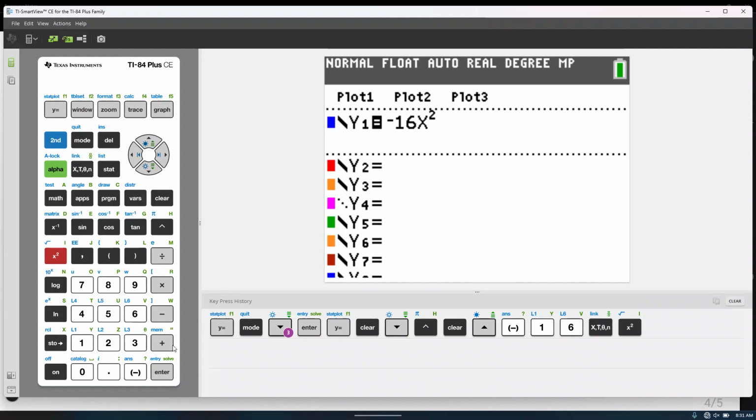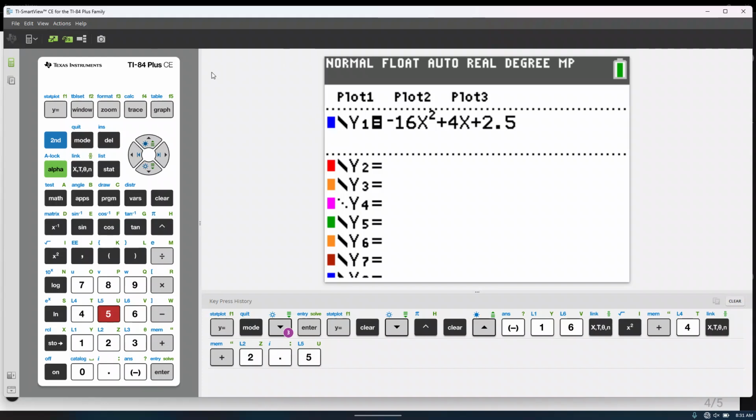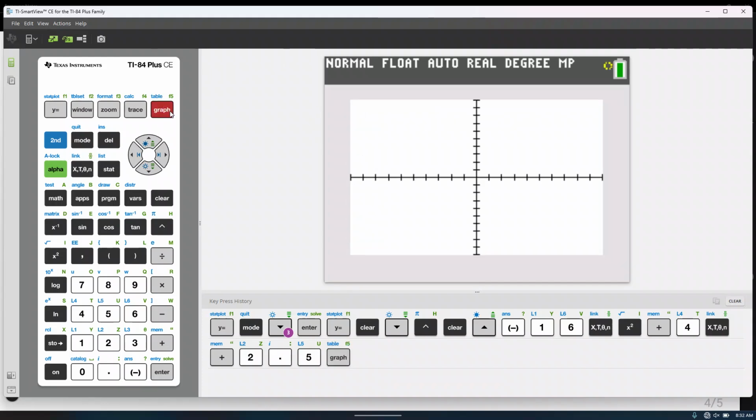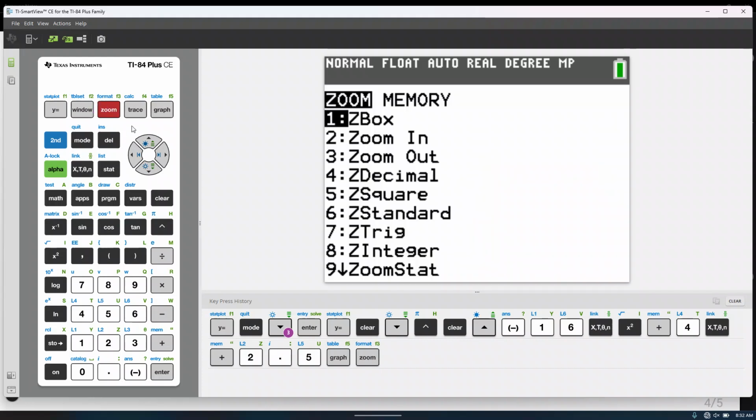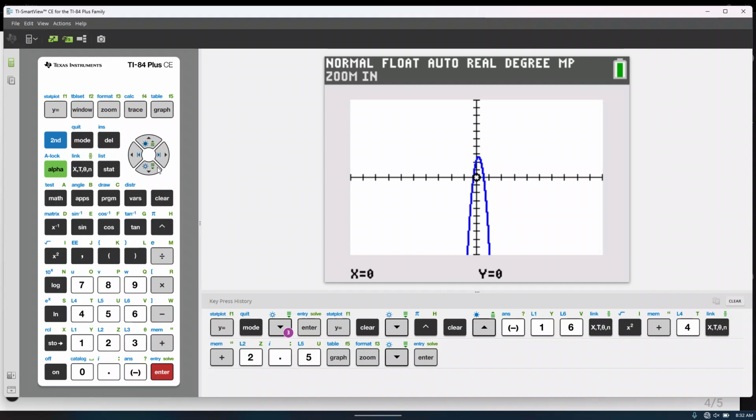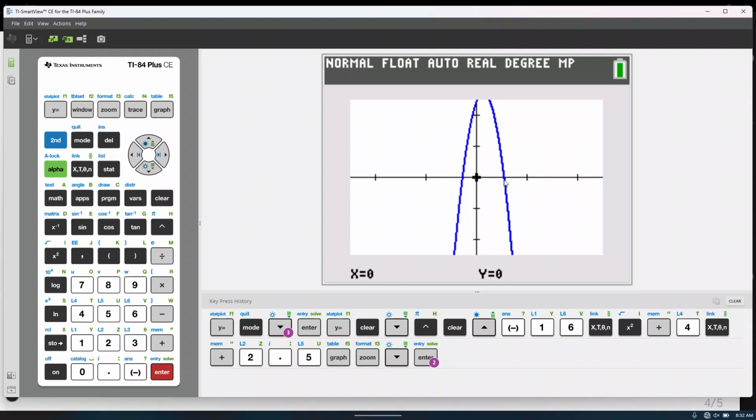It's still the same, just with x in place of t. Let's graph this. I would like to zoom in here, that's fine. Now I would like to find the x-intercept.